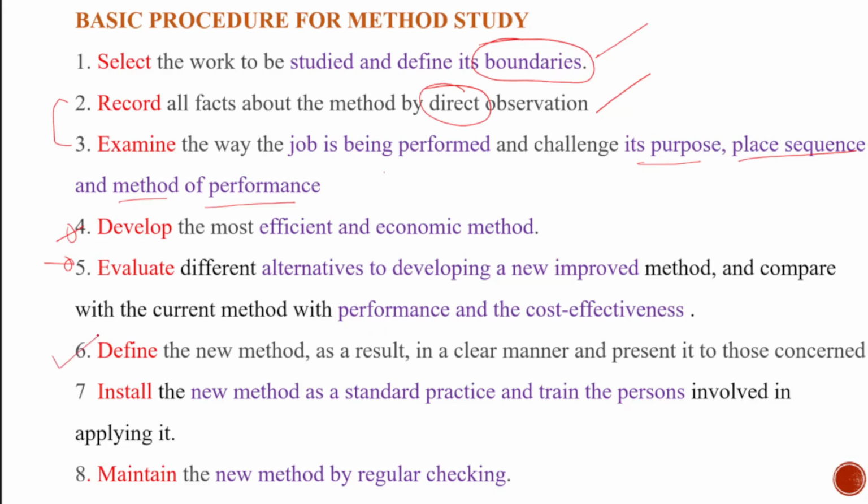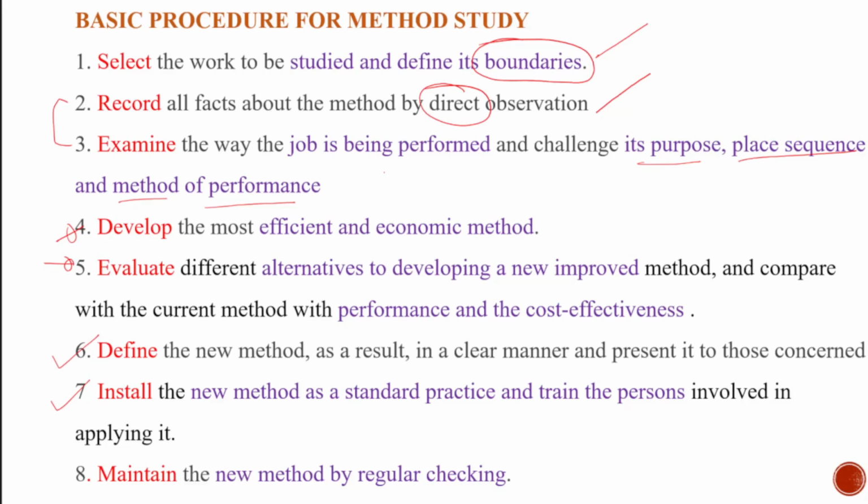Then define, defining the new method as a result in a clear manner and present it to those who are concerned. Next is to install the new method as a standard practice and train the persons involved in applying it.